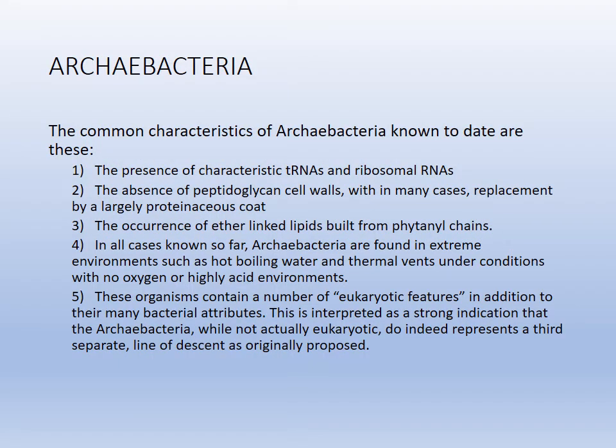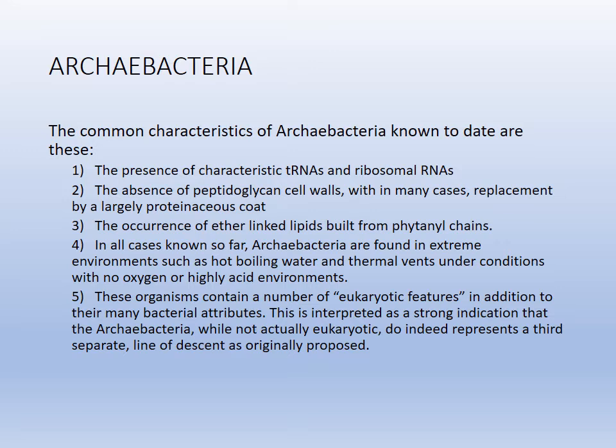The first kingdom, Archaeobacteria. Characteristics that you really need to know: they have a protein coat, not really a cell wall. They are only found in extreme environments: hot water, thermal vents, no oxygen, very acidic environments.